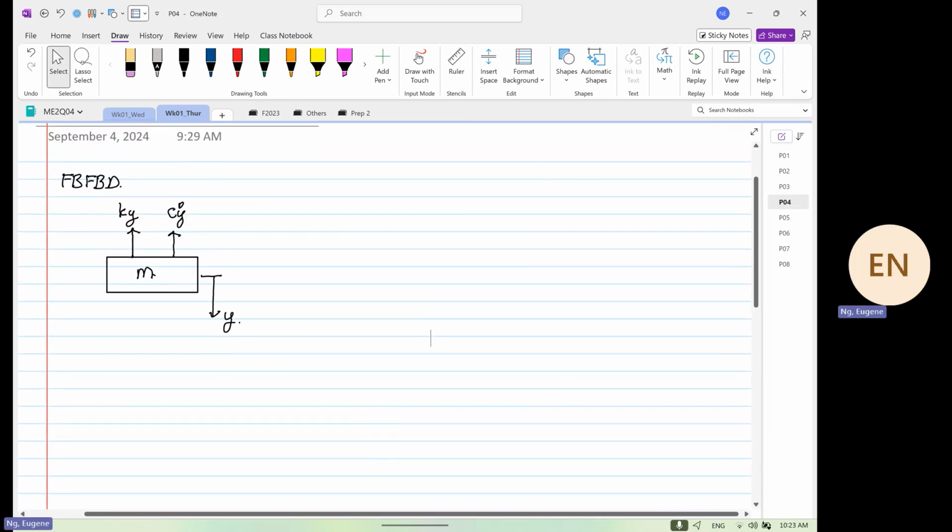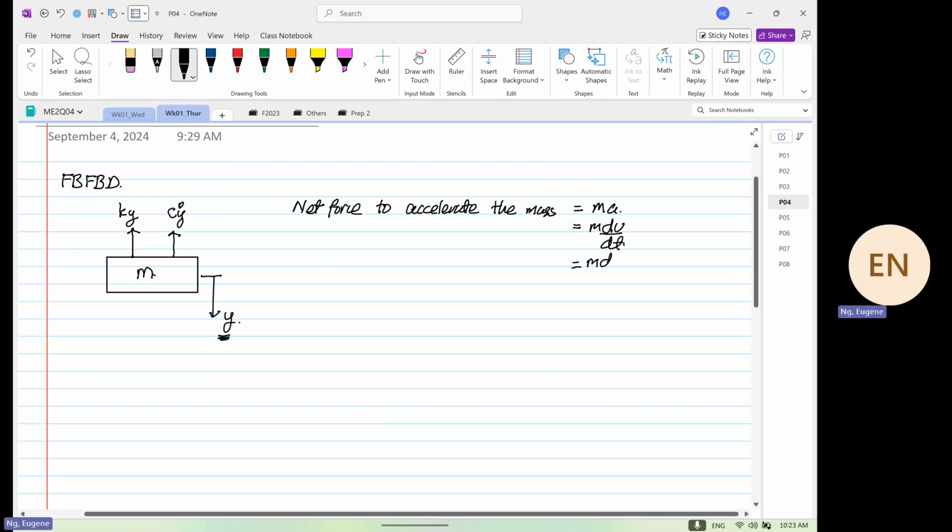With respect to the free body diagram, the net force to accelerate the mass is equal to MA, and we know that MA is equal to M dV by dt, and because it's y, this is equal to M d squared y over dt squared.